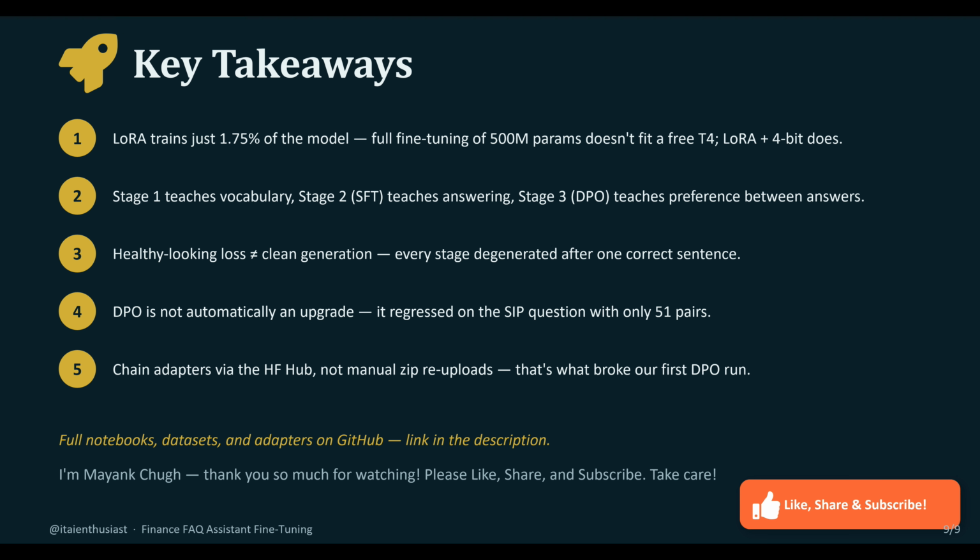Three, healthy-looking loss numbers don't guarantee clean generation. Every stage degenerates after one correct sentence. Four, DPO is not automatically better. It introduces a real regression on the SIP question. Five, chain your adapter through the Hugging Face hub, not manual re-uploads, or you will hit the exact runtime error we hit.